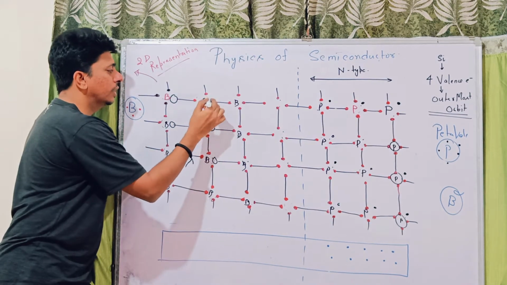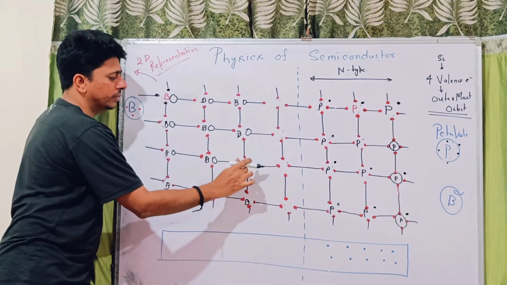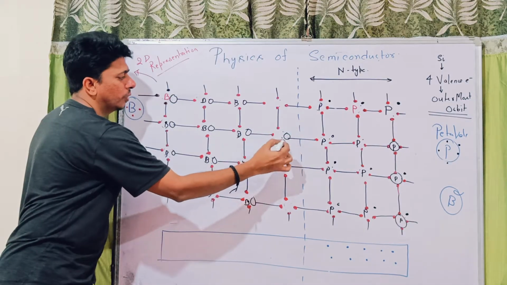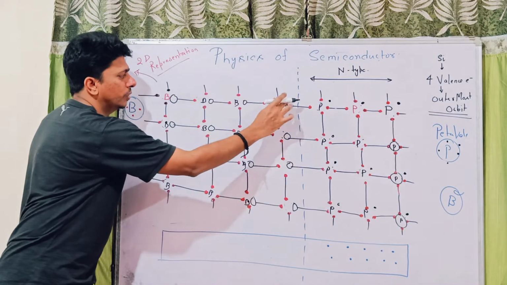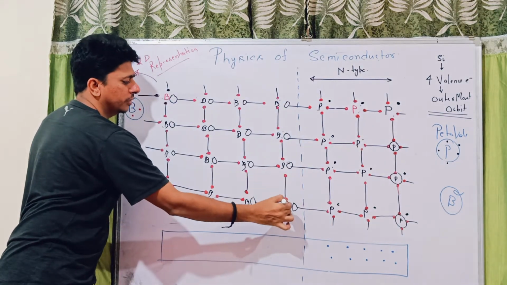This is a hole, and this is a hole. Similarly, this is a hole, and this is also a hole. Now this is boron, this is boron, and this is boron.